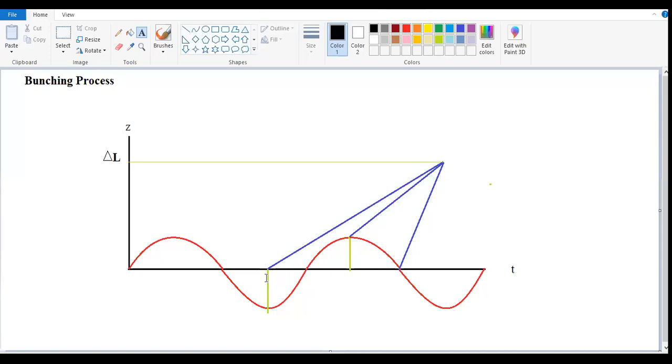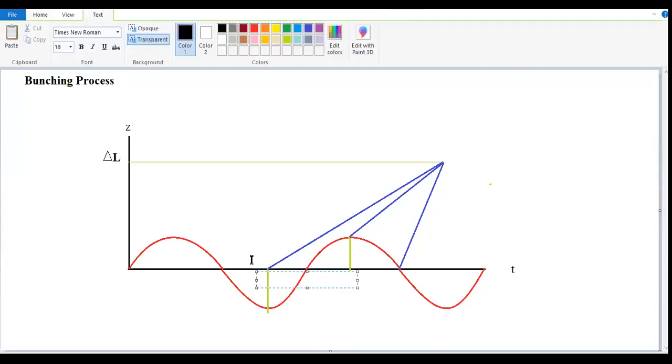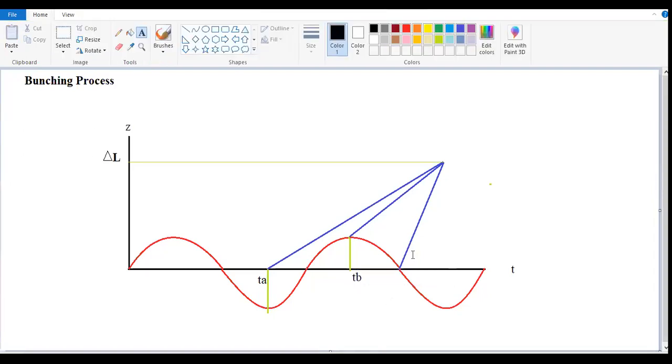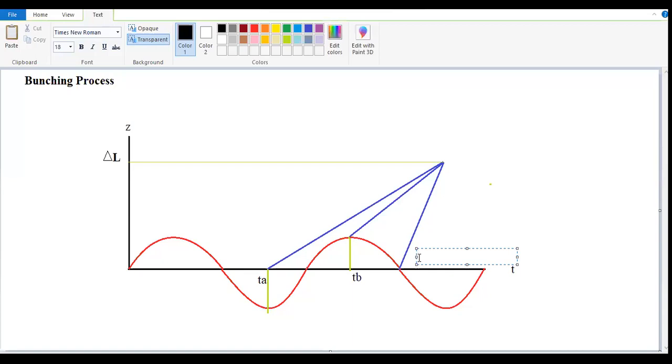Obviously, you can say the time. This may be your time TA, this is the second time, maybe TB, and this is your third time, the time interval we are taking.